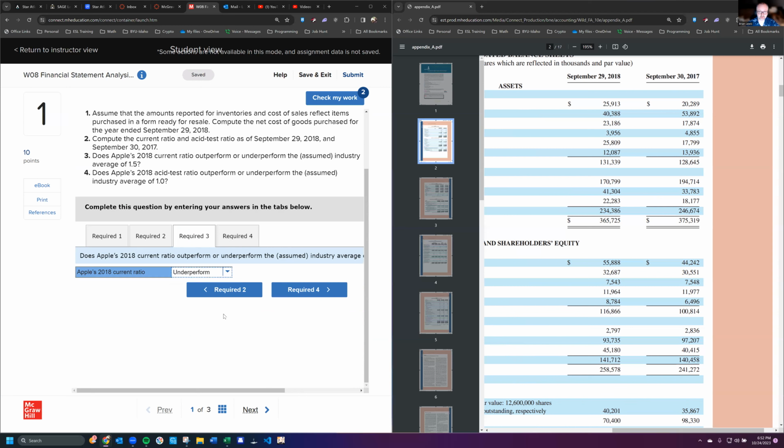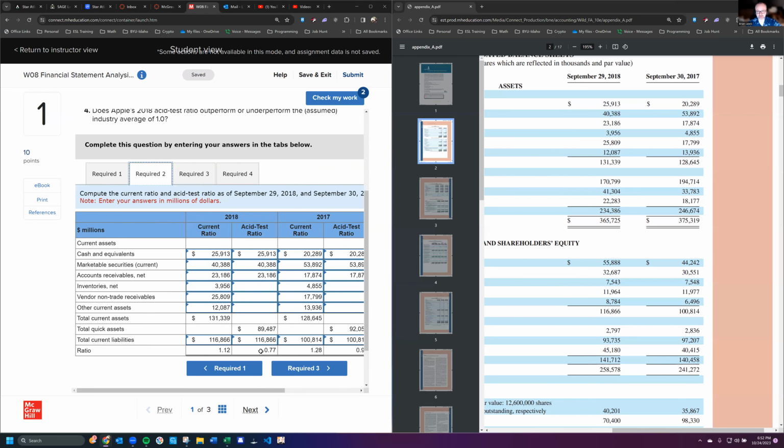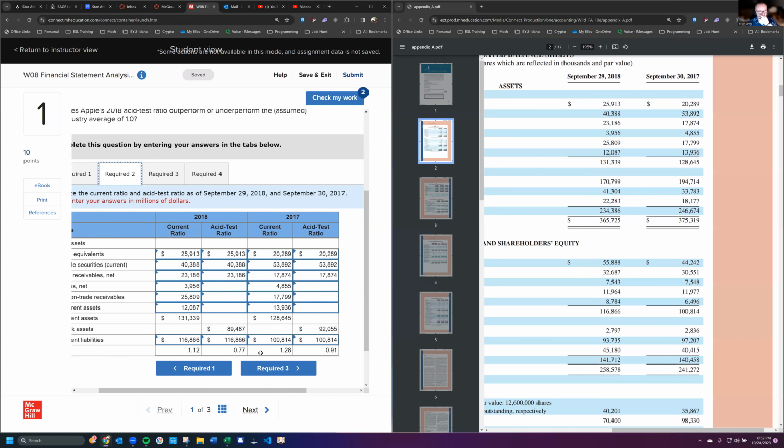And then they say, does Apple's asset test ratio outperform or underperform 1.0? And once again, 1.0 being the bar, and they're hitting 0.77 and 0.91. So they're underperforming on that as well.